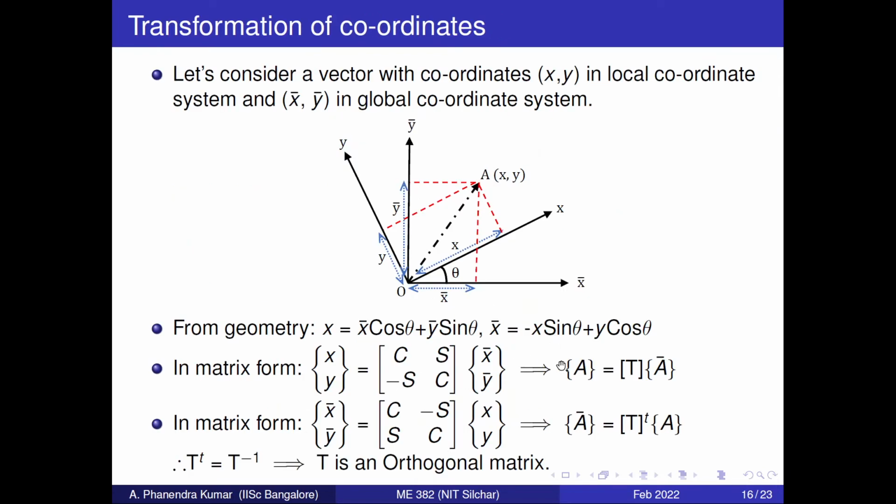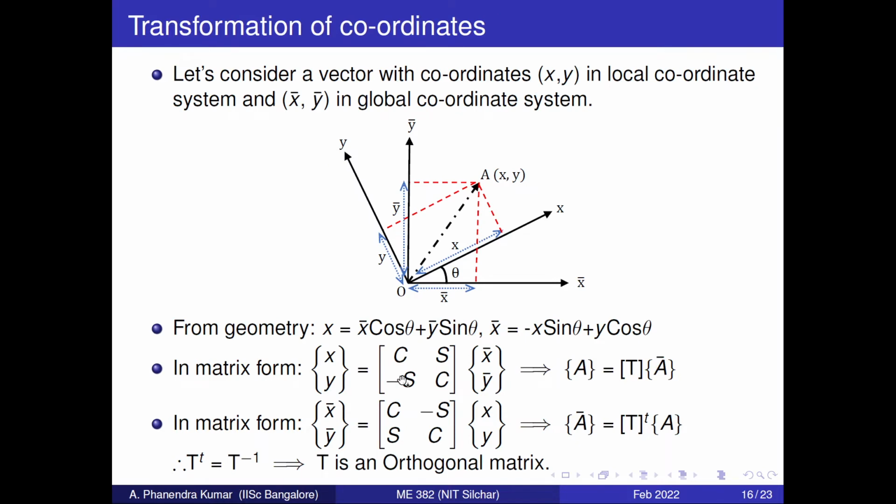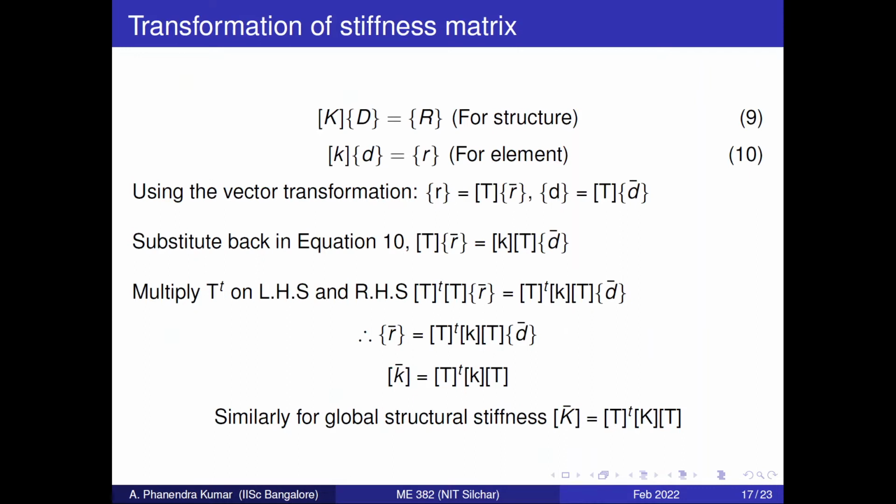Previously we have seen how the transformation matrix can be obtained for a vector. If you multiply it with T, we get the transformation of a vector. In the case of matrices, we need to pre-multiply by T bar and post-multiply by T to get the stiffness matrix or any other matrix in the global coordinate system from the local coordinate system.